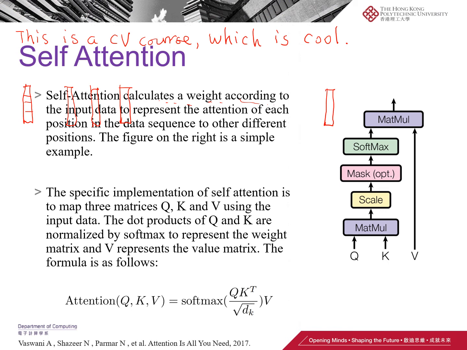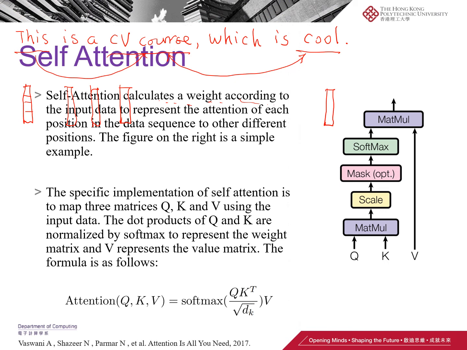And you know that in this sentence, some of the words are interconnected. Like "this" actually refers to the CV course, and also "cool" describes the CV course. So those words are more tightly connected than others.